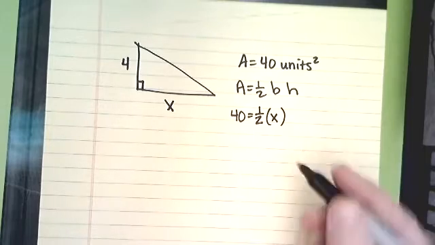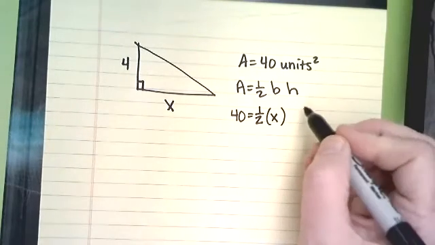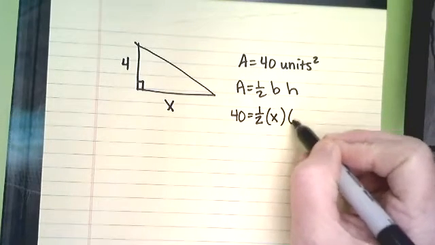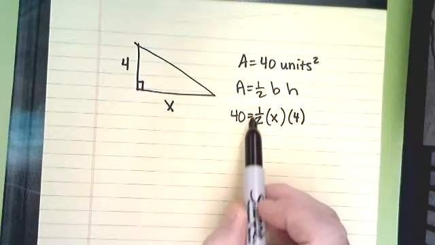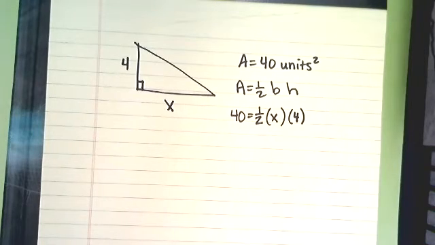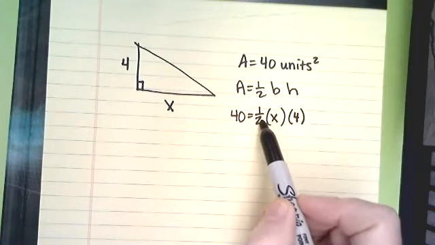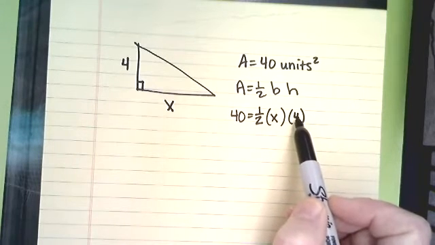You can leave it a B, it doesn't matter. Do you know the height? 4. Okay. So you have 40 equals 1/2 times X times 4. So what you need to do is multiply the parts you can. You can actually multiply 1/2 and 4 over here.